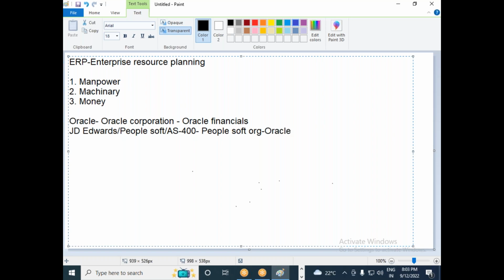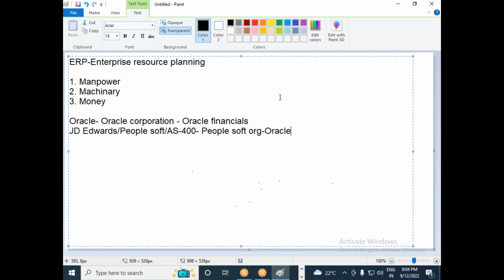And when I say JD Edwards, it was quite good in providing solutions for human resource management and department-related transactions. In my company, I have a human resource department, and in it there will be various activities going on.